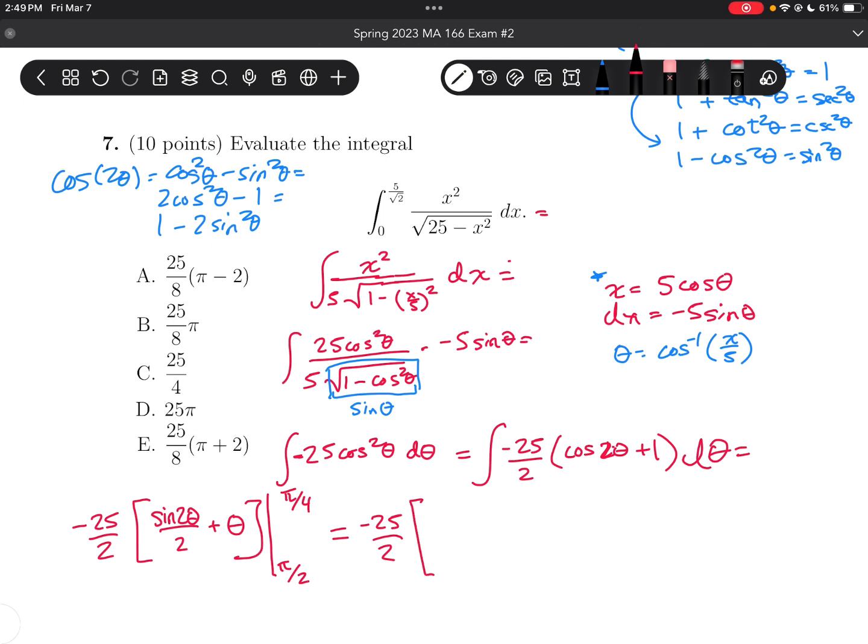The sine of 2 times pi over 4 is 1, so I get 1 plus pi over 4, minus 0, because sine of 2 times pi over 2 is 0, minus pi over 2. And that is equal to negative 25 fourths plus 25 eighths pi. So the correct answer would be A.